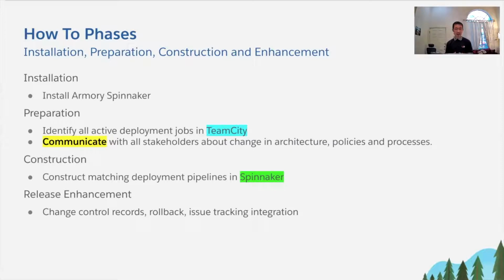In the next construction phase, we construct matching deployment pipelines in Spinnaker, matching the existing deployment jobs in TeamCity. And lastly, during the release enhancement phase, we enforce change control records, rollback policies, and issue tracking integration.